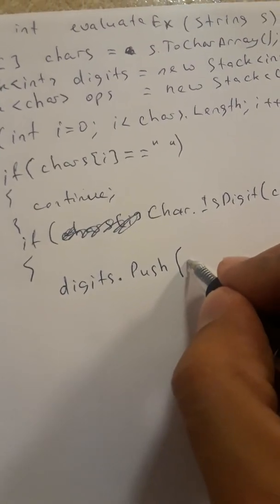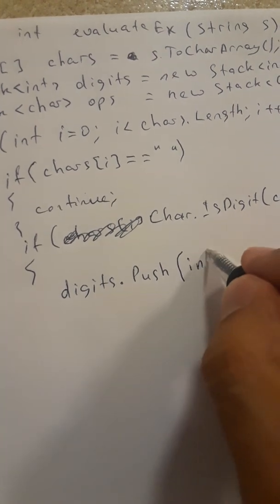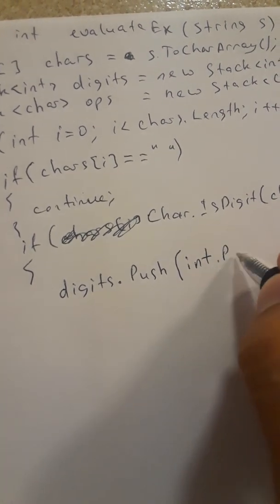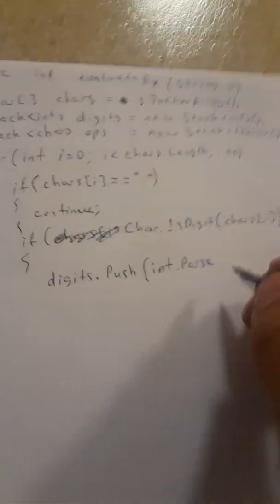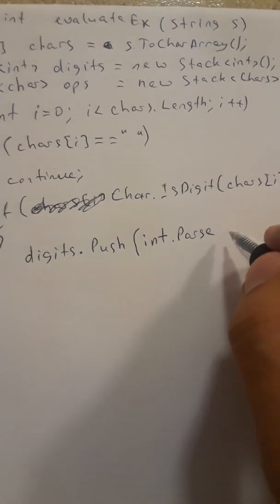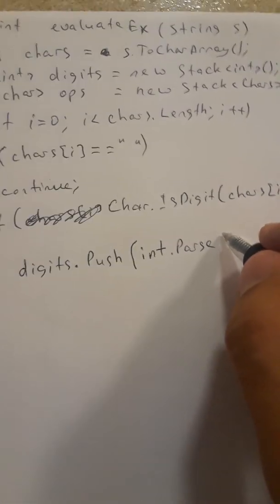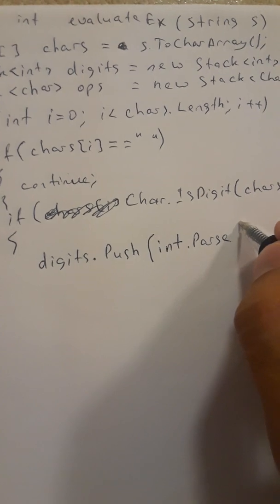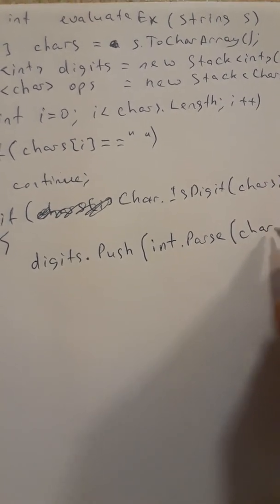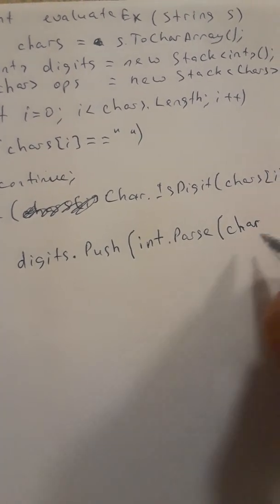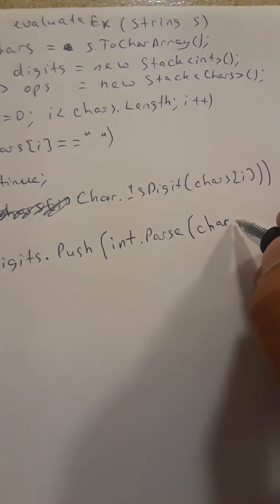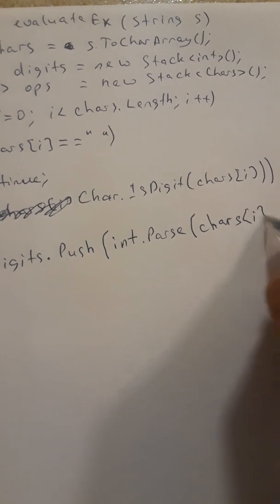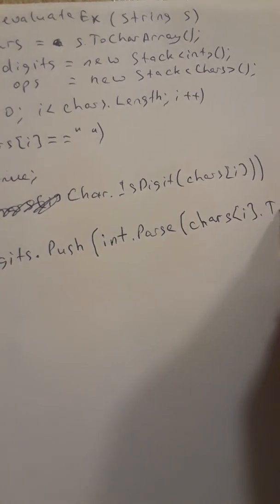But in order to push it, since its data type is right now a character, we need to convert it to an integer, so we'll use the parse method of Integer. But in order to convert it to an integer, we also need to convert our character to a string.